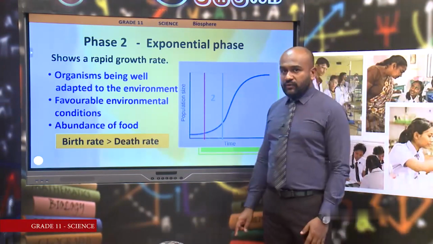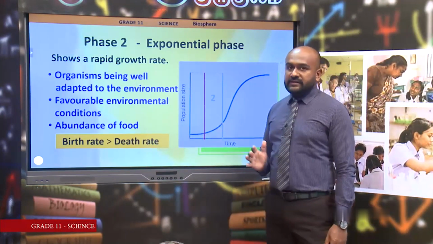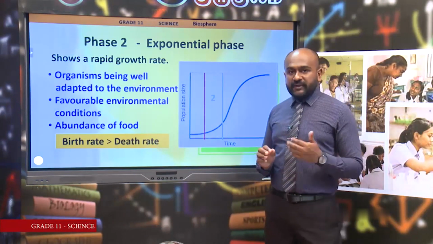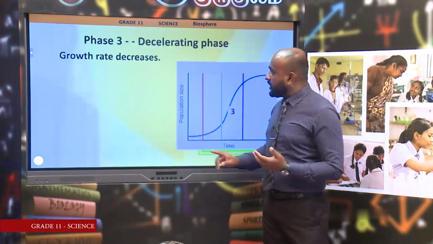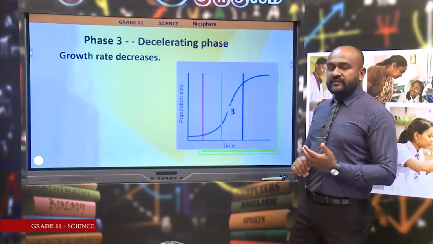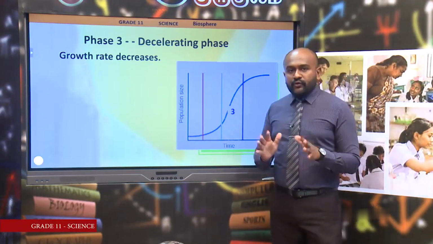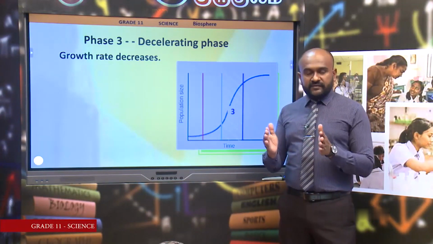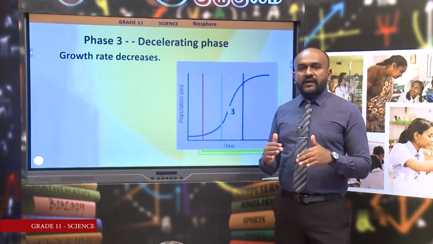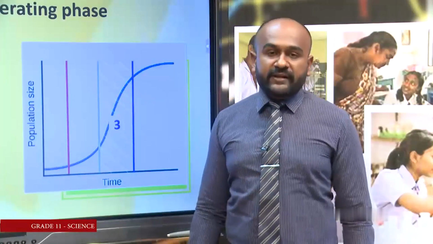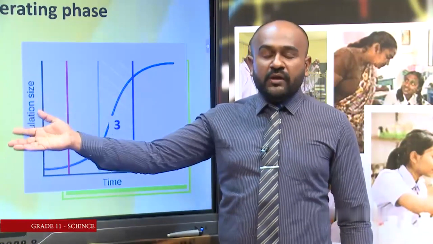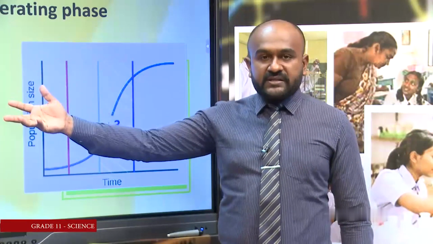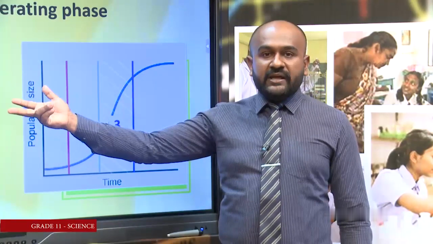Now, we are going to go to the third phase that we see in the typical growth curve. What is it? Yeah, the decelerating phase. In the exponential phase, the number of organisms increases rapidly. So, obviously what happens now? The number is really high. So, there will be competition and predation.